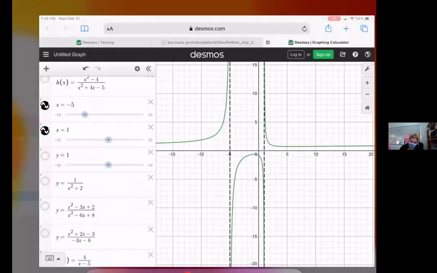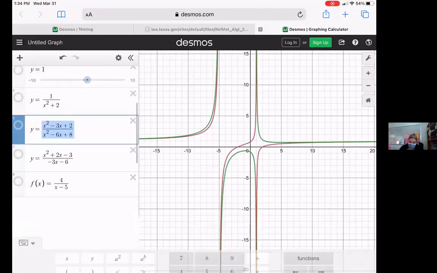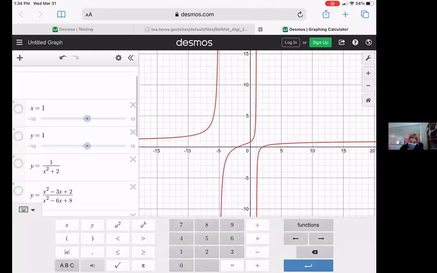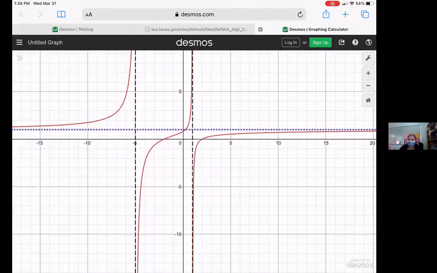So right here, we can see that we have our vertical asymptotes, which are -5 and 1, and then we have a horizontal asymptote at 1. Does everyone see that?